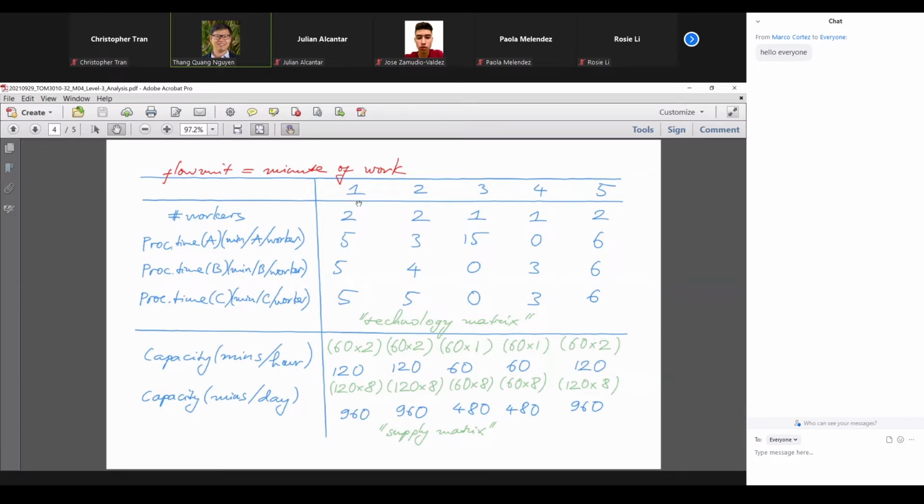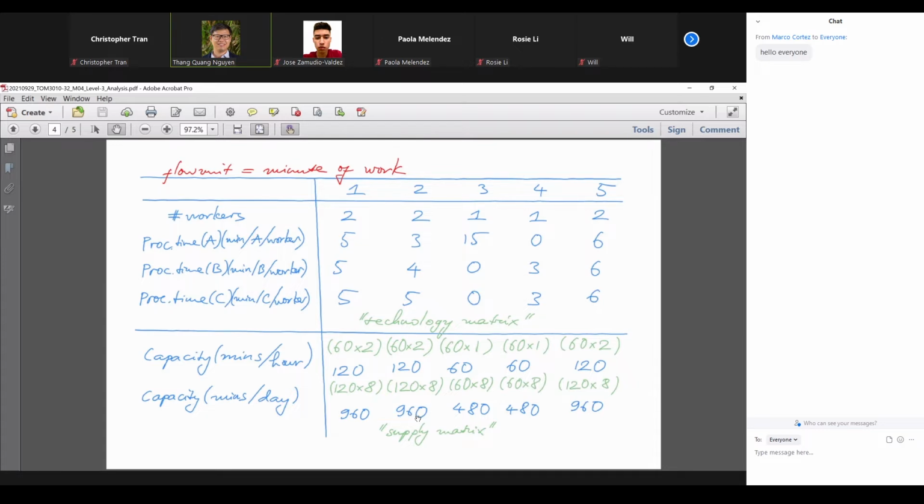At station number 1, the 2 workers over there can render, can offer, can supply, can dedicate 960 minutes of work per day, or 960 minutes of service to the kitchen work or to the restaurant work, right, per day.